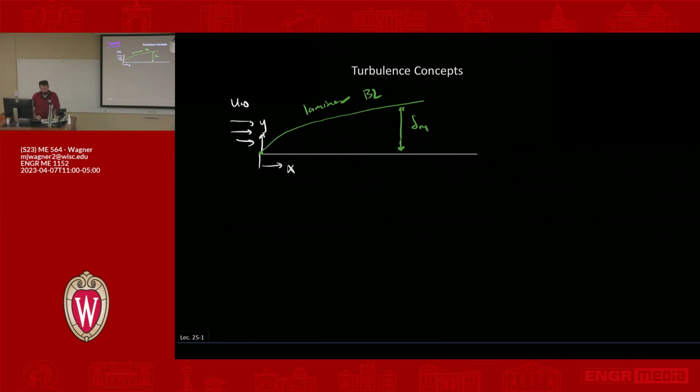So it all comes down to the fact that you have this delta m that's growing as a function of position. So in flow over a flat plate, that's going to occur at some position x. It will just inevitably occur because the laminar boundary layer thickness continues to grow as a function of position, right? So if we wanted to anticipate where that is, let me actually do one thing here. If we sketched out what that shear stress looks like at the very leading edge, here I'll do it in a different color.